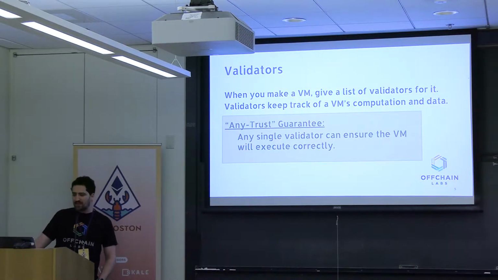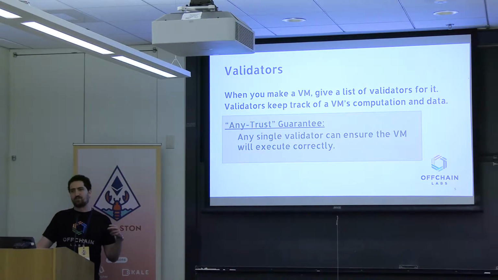The fundamental concept that Arbitrum uses to make things fast is this idea of validators. When you spawn a contract for Arbitrum, you specify a list of validators for it, and they're the only ones who have to run this contract. And the really cool thing that Arbitrum provides is that if any single one of these people is honest, then it'll run correctly, which is kind of nuts.